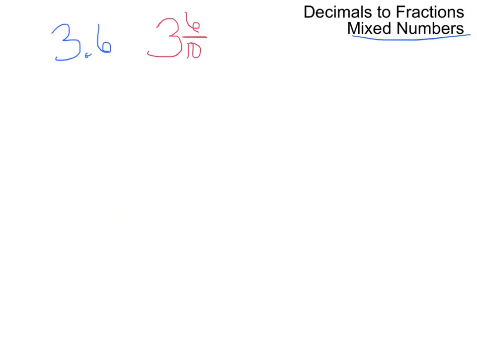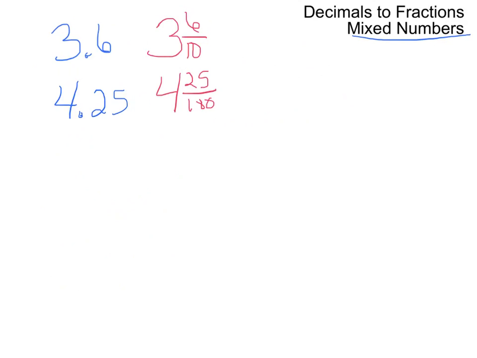If we had 4 and 25 hundredths, we would write the mixed number as a big number 4 and 25 over 100.